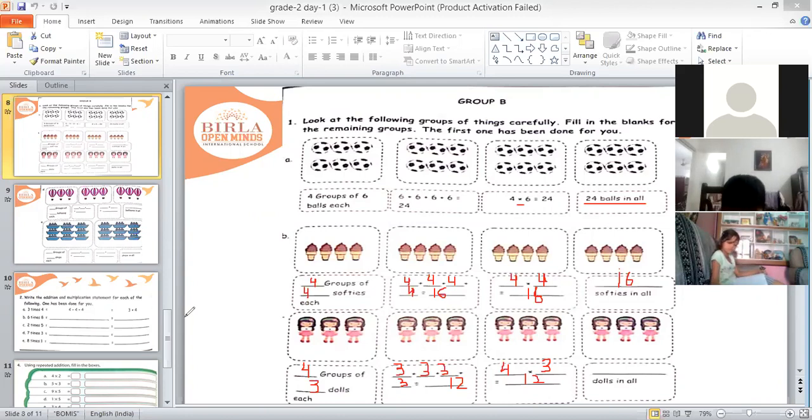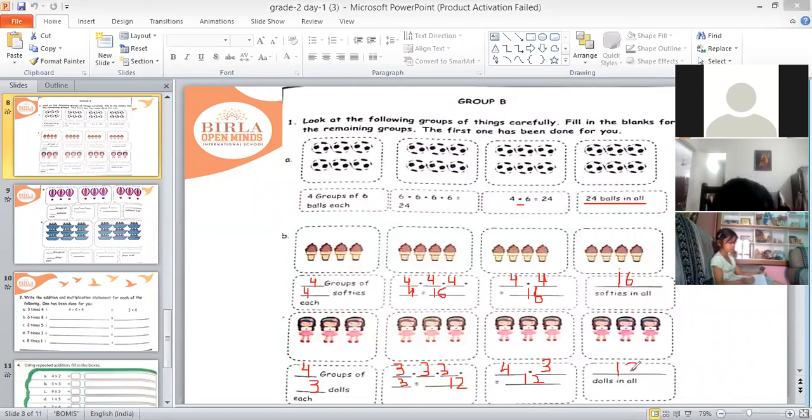Page number 3 of your math course book. Total how many dolls are there? 12. Very good. So now Dhriti, just listen carefully and then try to do it. If you have any doubt, you can ask. So there are 12 dolls in all.